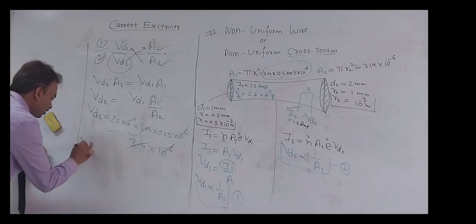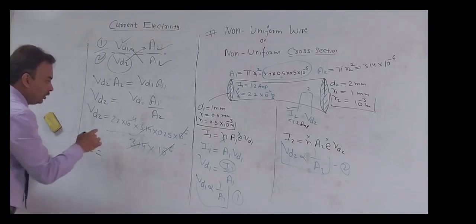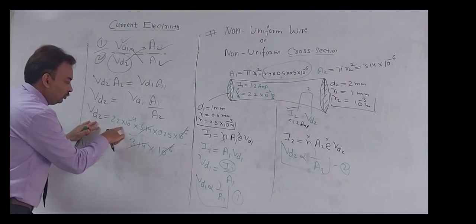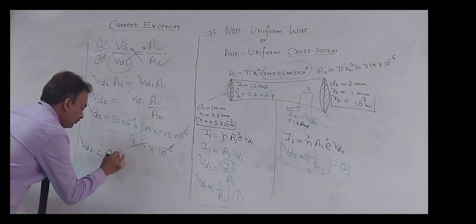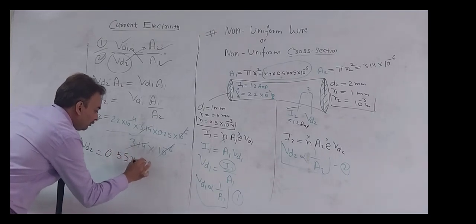So VD2 will be equal to, now multiply 2.2 by 0.25, that is 0.55 multiply 10 to power minus 4.